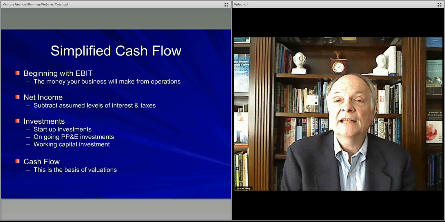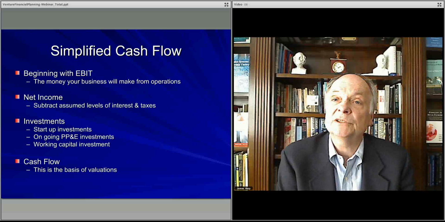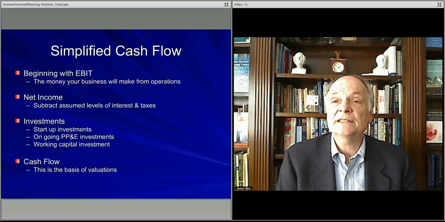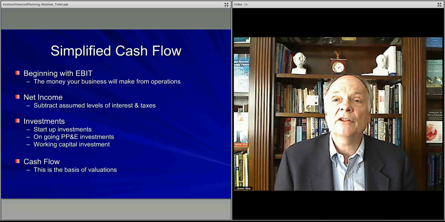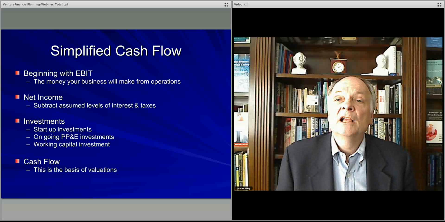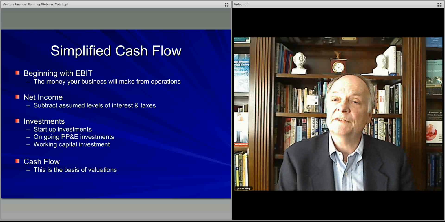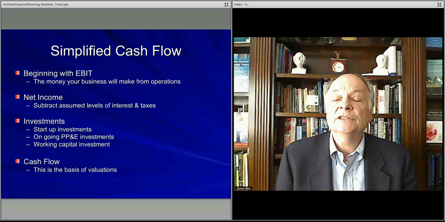And interestingly enough, as your business gets bigger and bigger, you need more and more inventory. So you're continually investing in inventory. It turns over quickly, but the total amount invested in all of the inventory you have goes up. So you have to be investing in working capital just to keep your business viable, and particularly if it's growing. If it's growing fast, your inventory is growing fast.